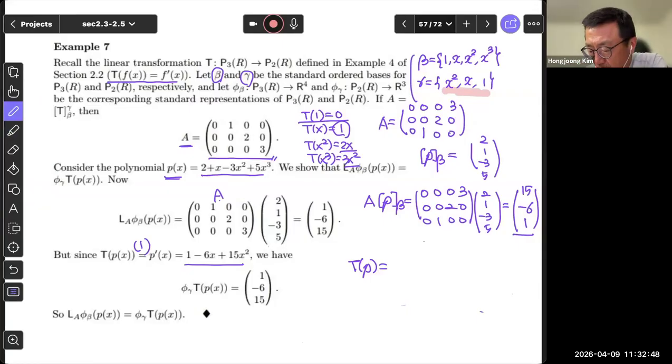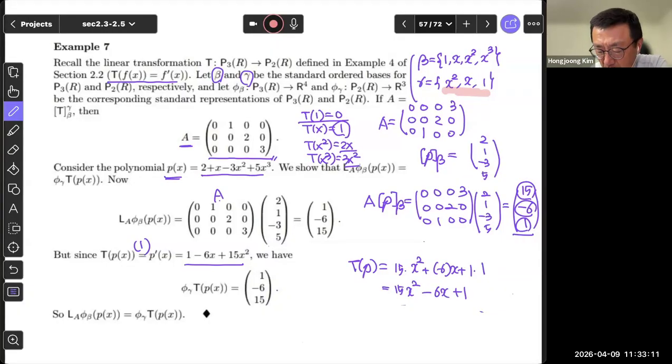You multiply these three numbers, 15, negative 6, and 1, and add them, and you get 15x squared minus 6x plus 1.